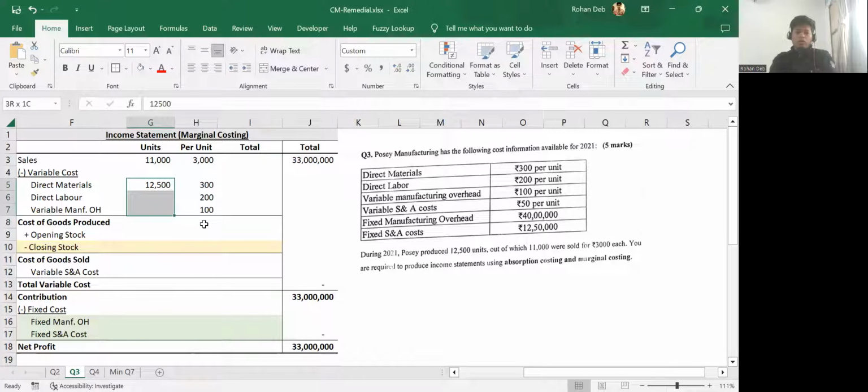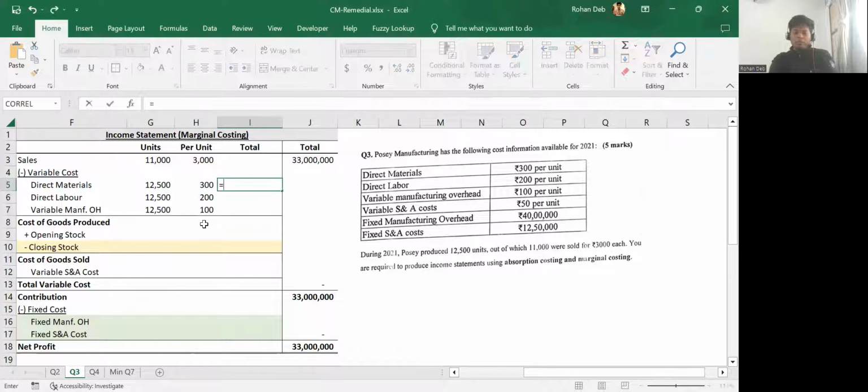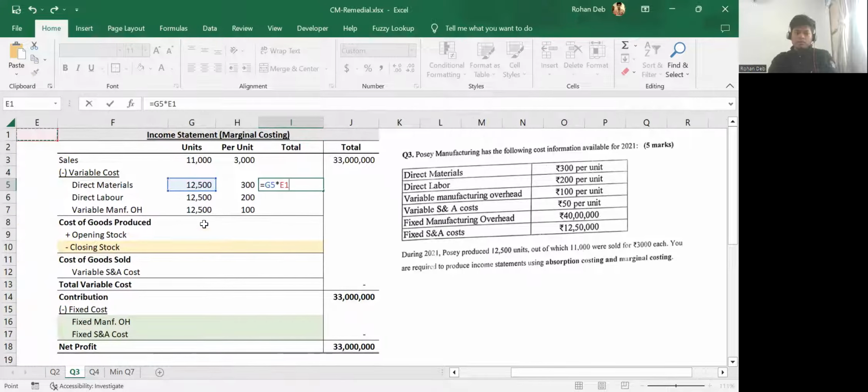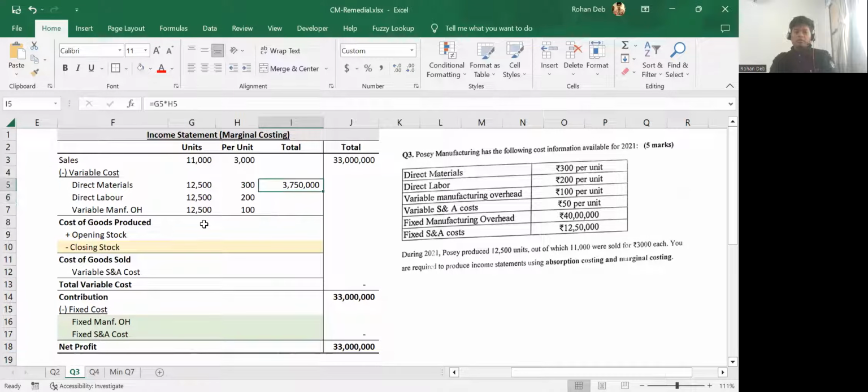These were all incurred on 12,500. If I do a subtotal over here, it will give me 12,500 multiplied by this. I'll do a subtotal. So this is the sum of all goods produced.